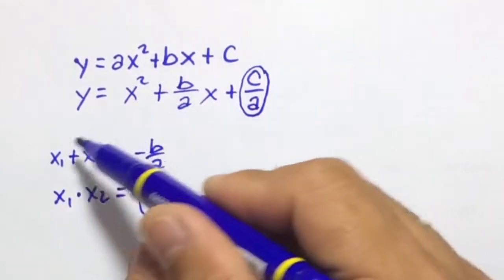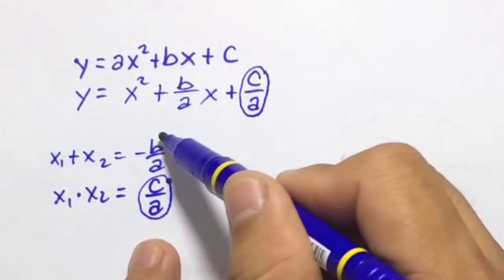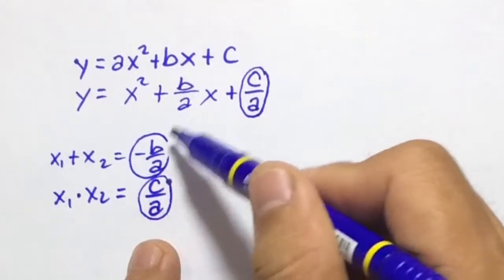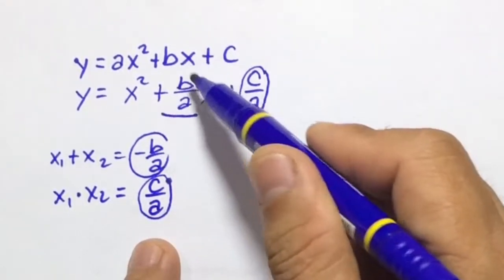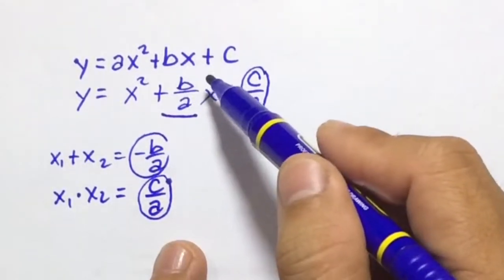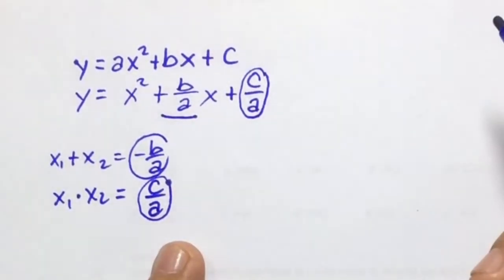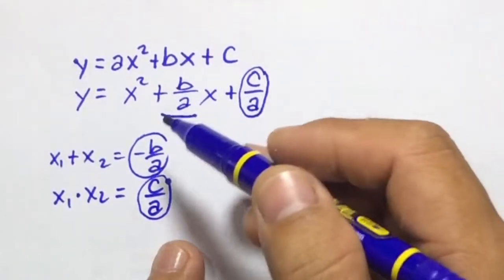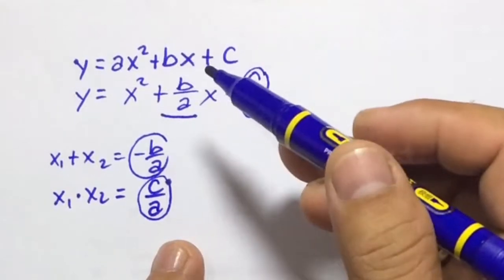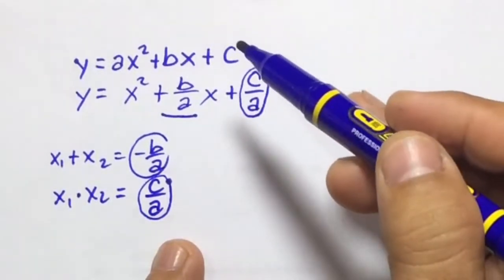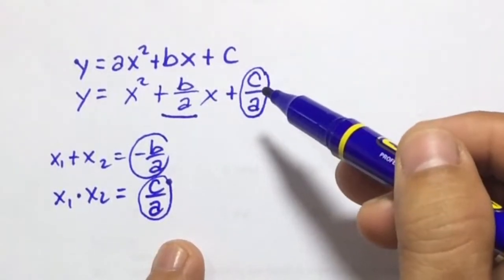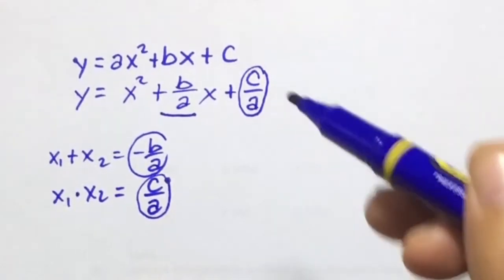Then the sum of the two will be the negative of the numerical coefficient of x in your quadratic function. So we're going to use this in deriving a quadratic function from zeros of the given function.